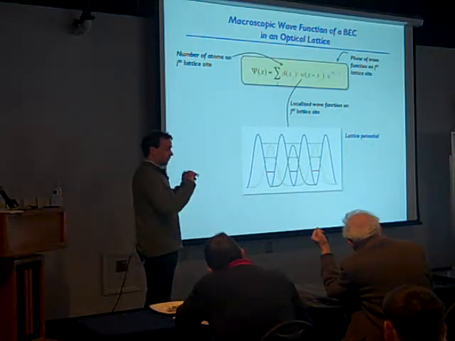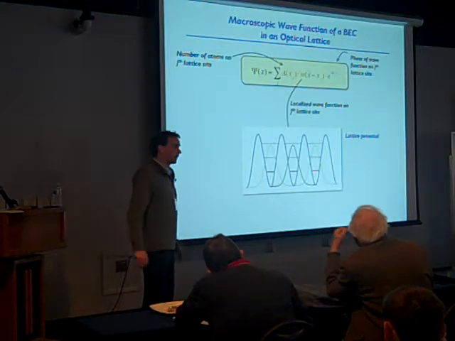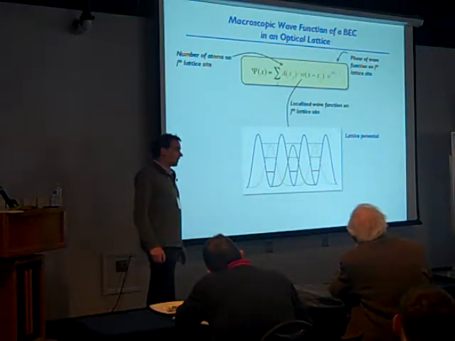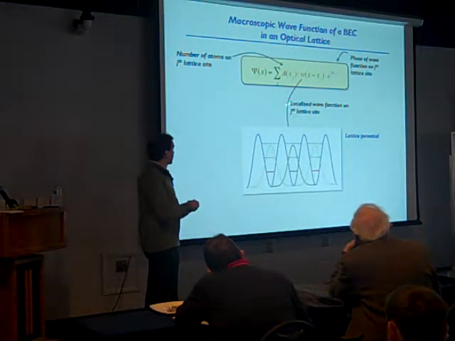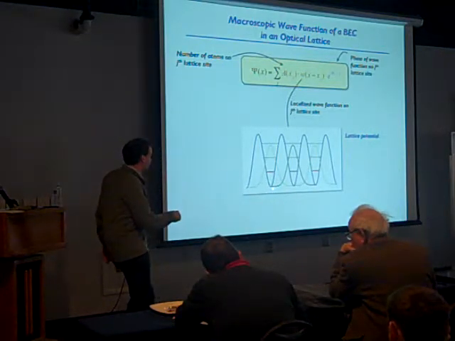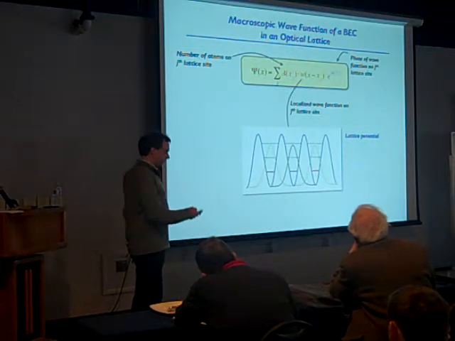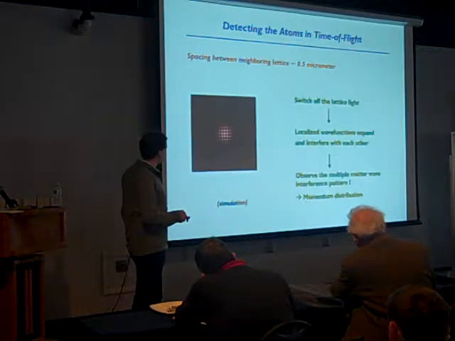Your Bose-Einstein condensate is just split up. So the whole thing is still like a single-particle wave function, but now you have the sum over all the lattice sites. Each of the atoms is in the sum of these little localized wave functions, called Wannier wave functions, in the lattice.